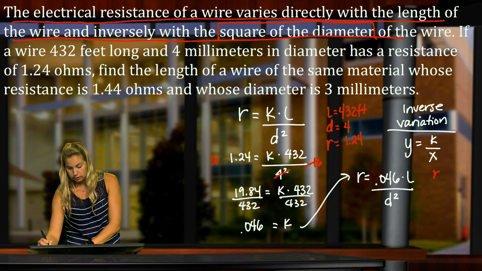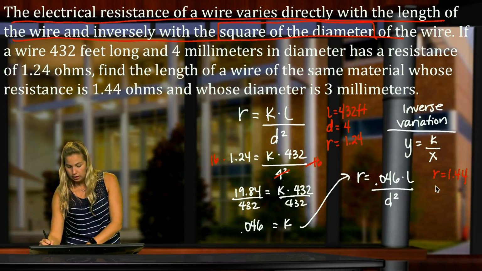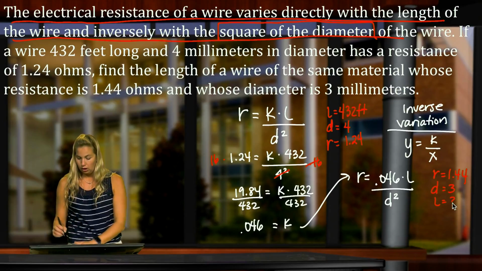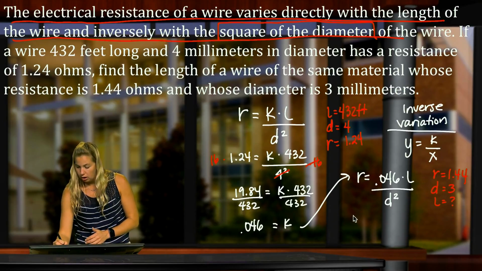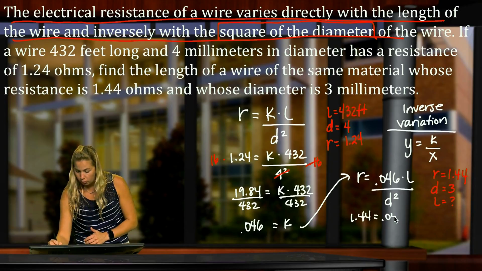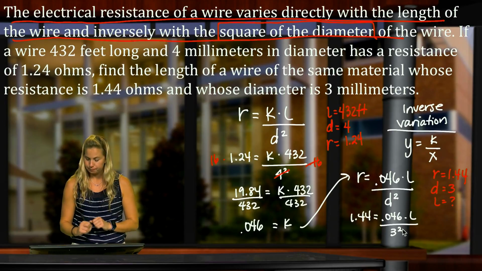So they're giving us the resistance is 1.44 ohms, the diameter is 3, and we want to find the length. The length is what we don't know. So we can plug this in. 1.44 equals 0.046 times L divided by 3 squared.